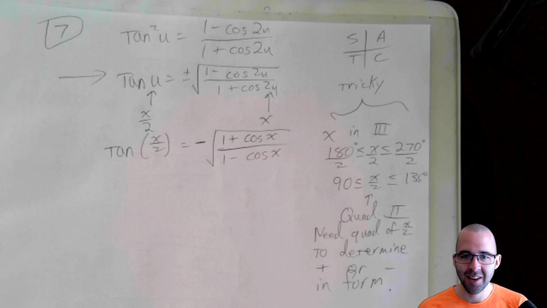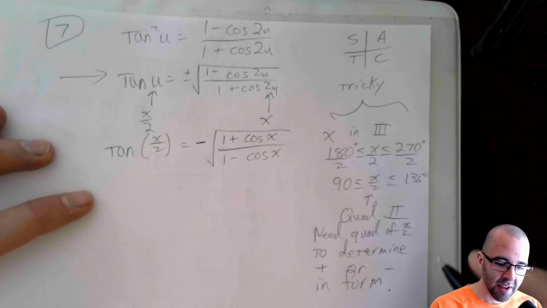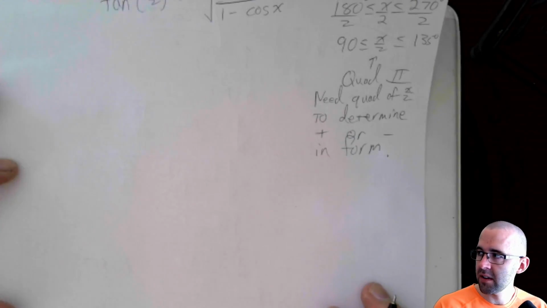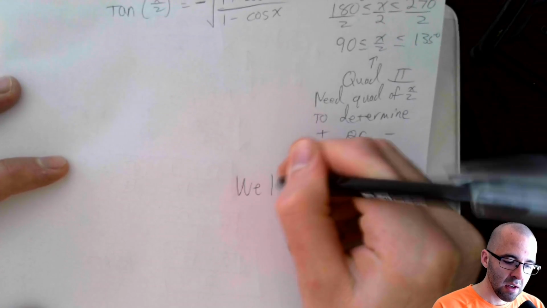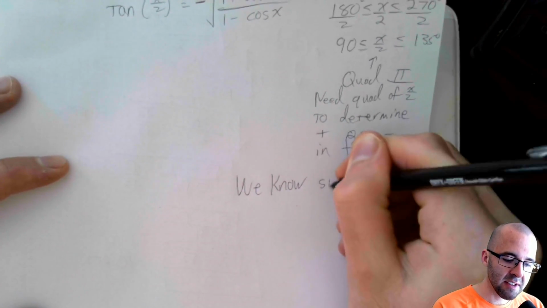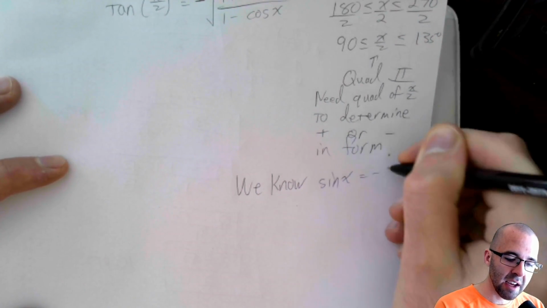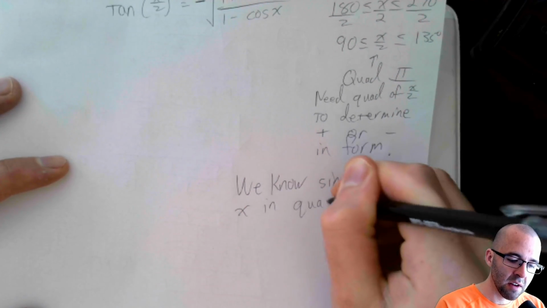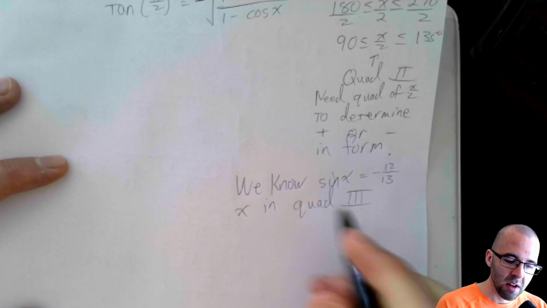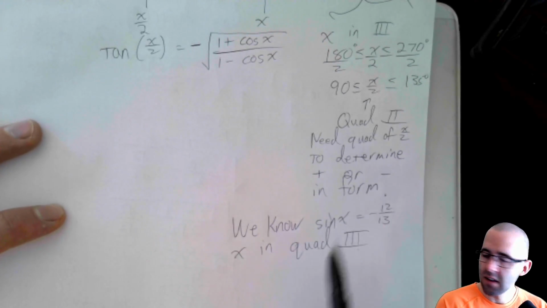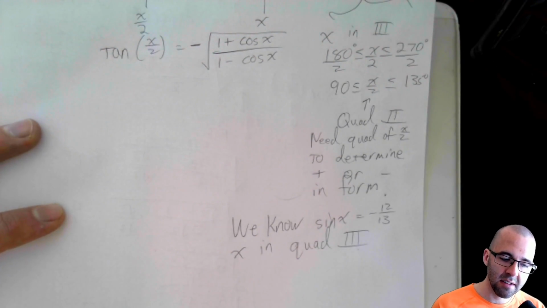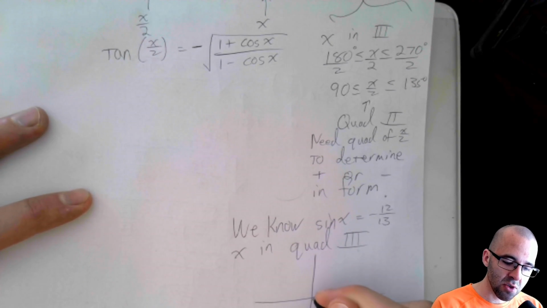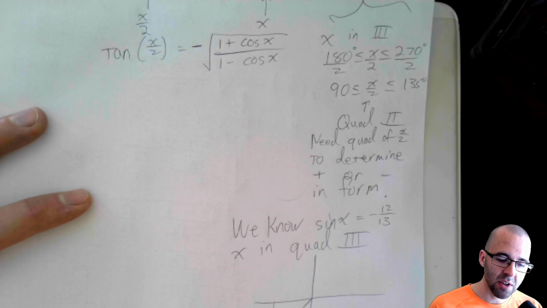Oh, you betcha, trigonometry. So let's go off to the side somewhere. We know the sine of x is equal to negative 12/13, and x is in quadrant 3. We need to use this to find out what cosine of x is. So we draw a picture. We just draw some random triangle in the third quadrant.